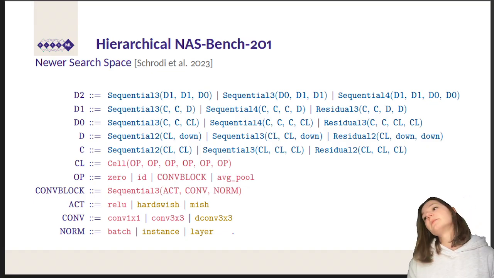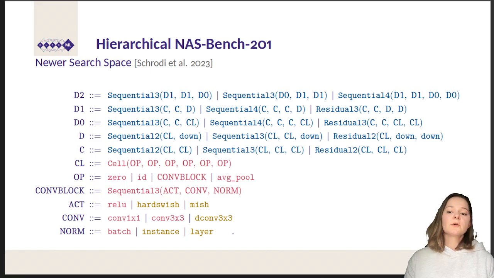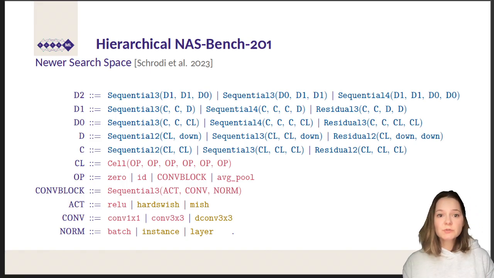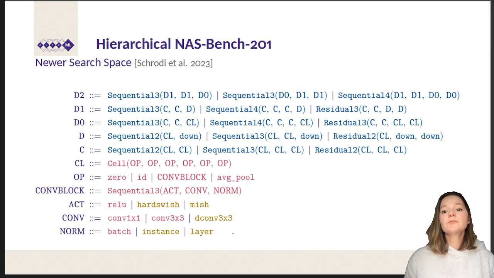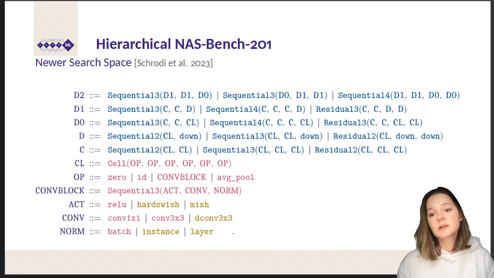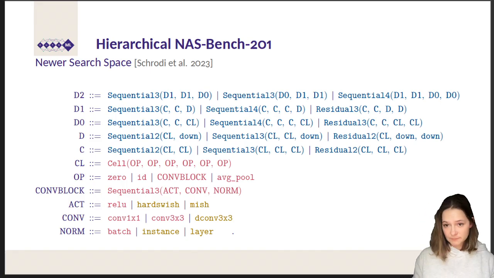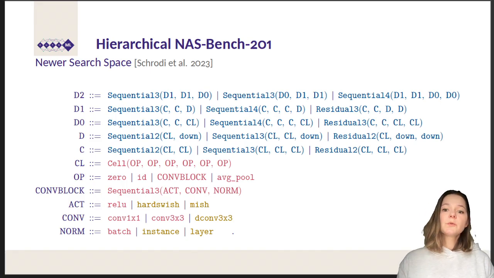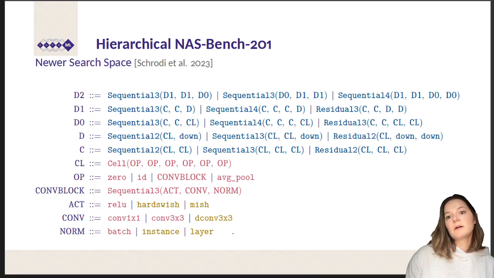So in cell-based searches, we always assume that the convolution blocks are predefined, what kind of activation function, for example, we use. Here we can search for different types of convolution, different types of activation, as well as different types of normalization. So in NASBench 201, we normally say we have, for example, a 3x3 convolution, a batch norm, and a ReLU. So these things are fixed, which are then defined as the convolution operation.